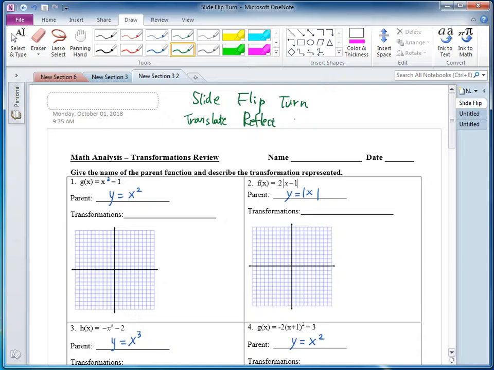Instead of turn, what did we use? Rotation. That's right. So we are talking about the same things once again. If we slide, flip, turn, we keep the same images, and that is called isometry. Do you remember isometry from geometry class? Angles are the same and lengths are the same, so that keeps the congruent shapes.